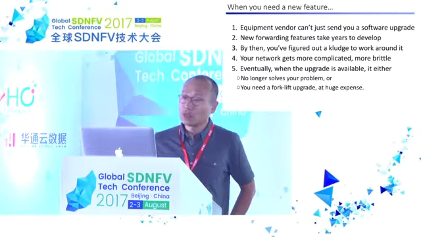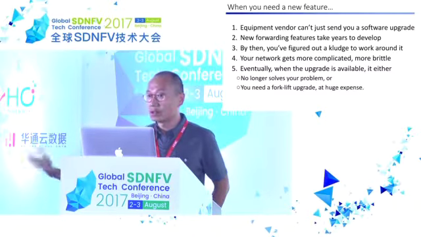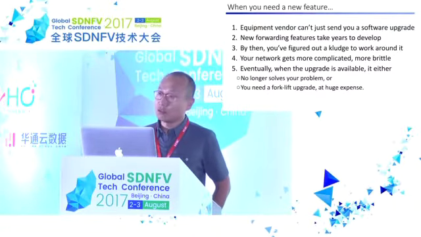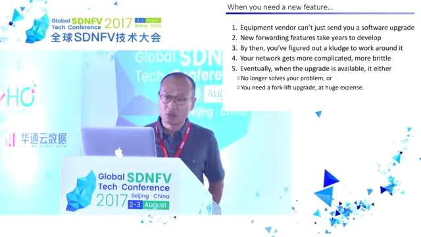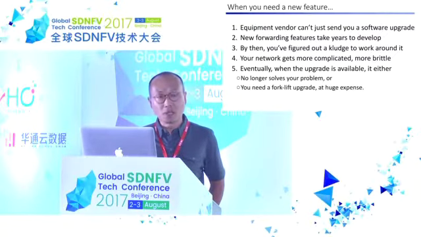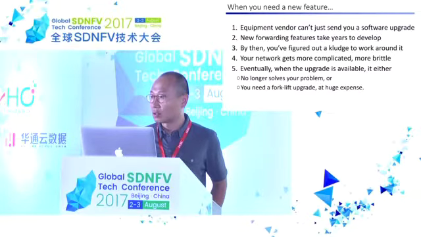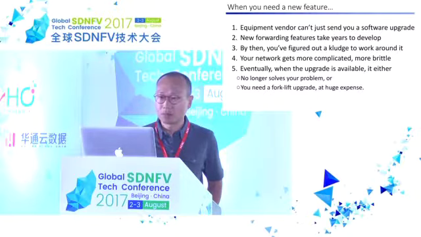And eventually, when the upgrade is finally available in 3-4 years, you realize that you kind of worked around the problem, or the solution is actually not exactly what you wanted originally, like 4 years ago. And even if it actually turned out to be working, you have to forklift your entire network, causing you another year or 2 years of upgrade time.